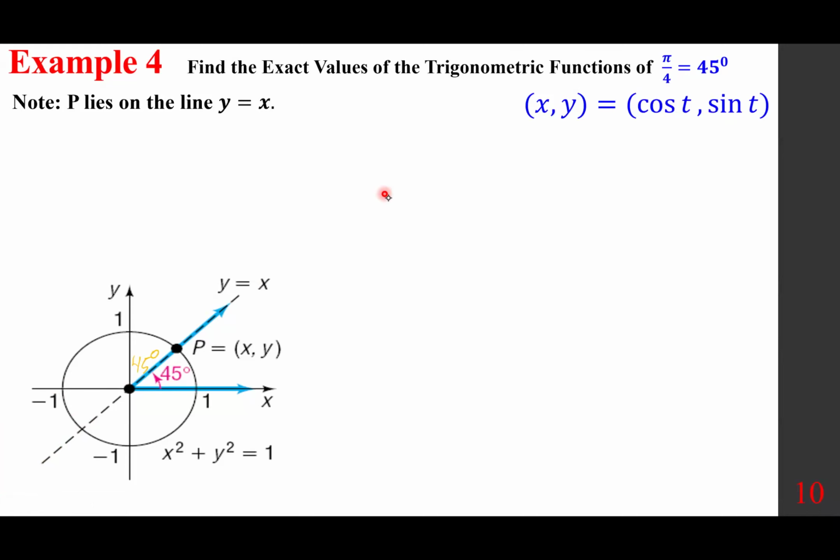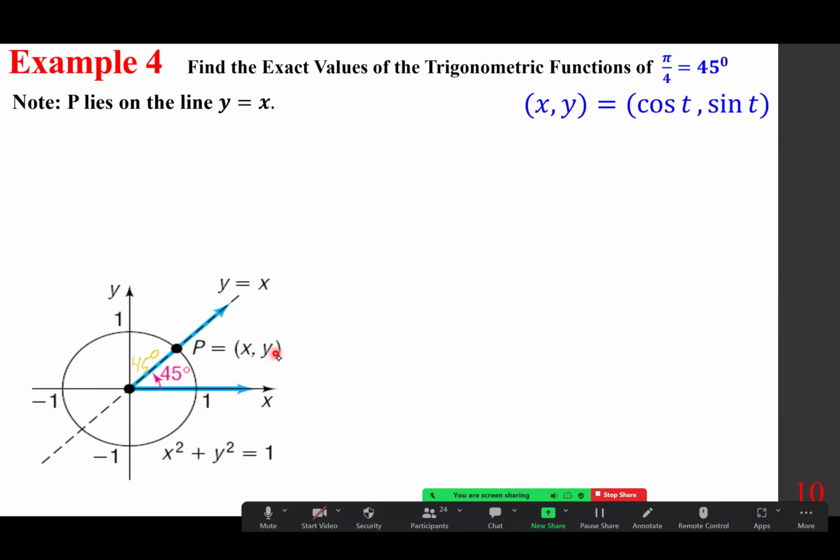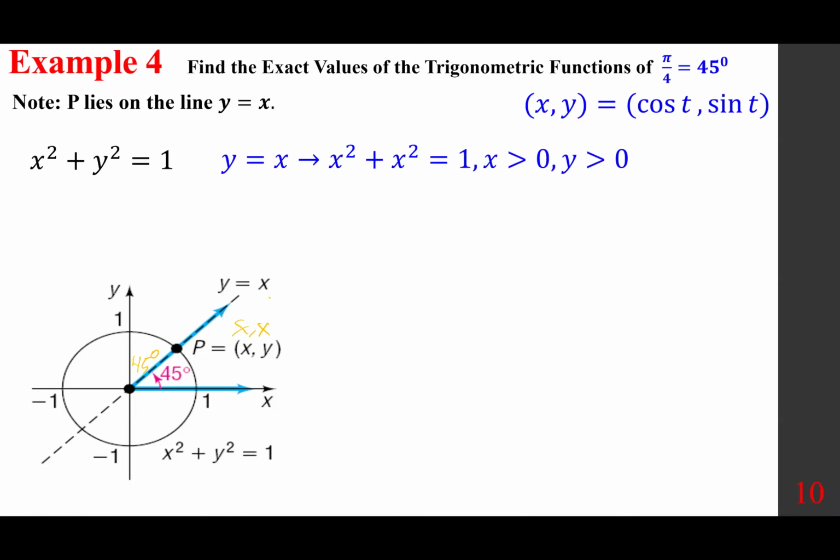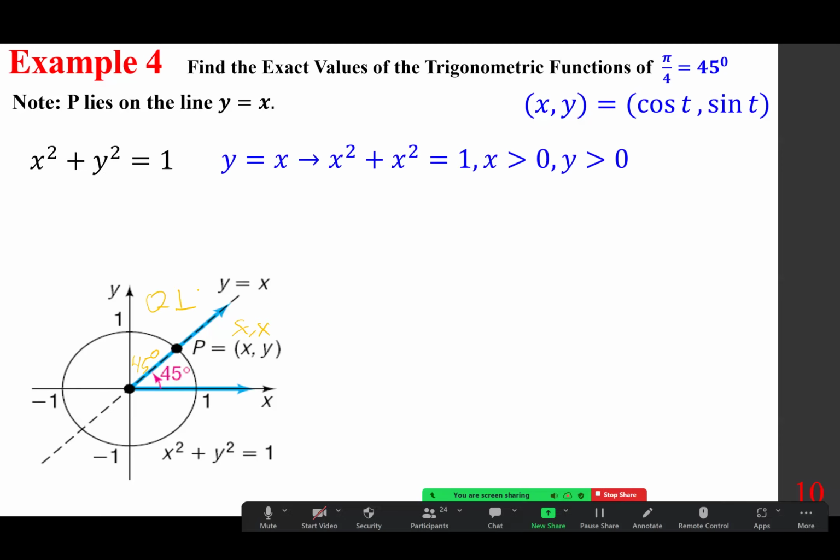So we have the coordinates x comma y, and because it's on the line y equals x, the coordinates are the same. You can say x comma x, or you can say y comma y. We know x squared plus y squared equals 1. So the y coordinate is also x. So we have x squared plus x squared equals 1. And by the way, both of them are positive because we're in the first quadrant. By the way, that's how we know about trigonometric functions, also based on the quadrant, based on x and y.